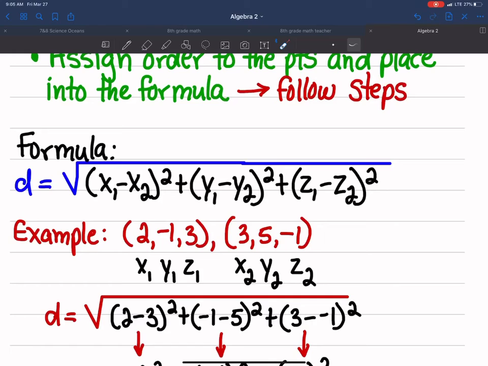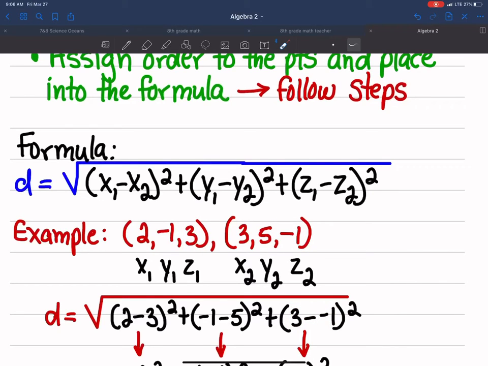Yes, that is a negative, don't freak out about it. It'll be okay. And then the last part of this formula, z1 and z2, in this case 3 and negative 1. So 3 minus a negative 1, squared.